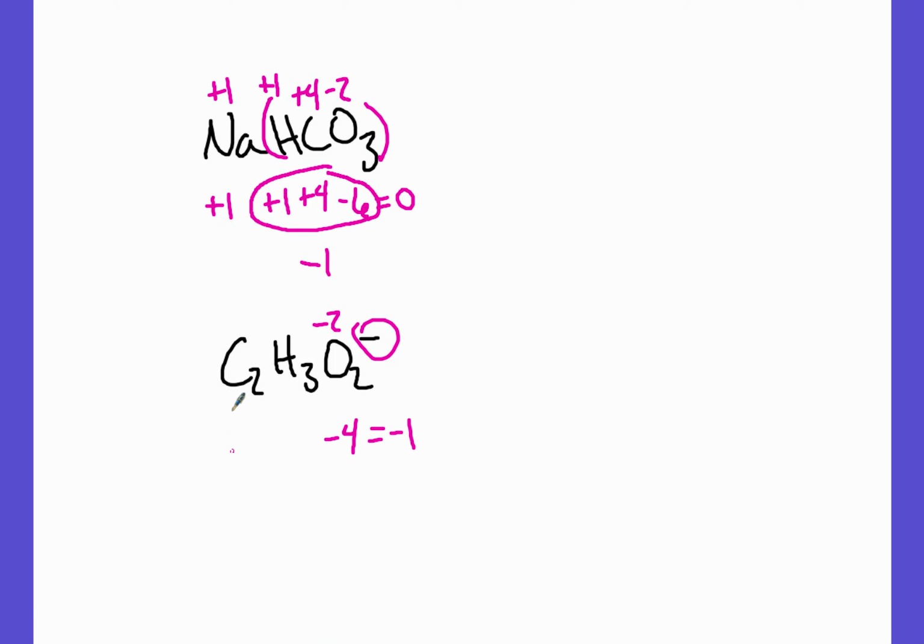But here I wouldn't do the carbon first because the carbon is not something I would typically know, whereas hydrogen is something I definitely know here, right? Hydrogen has to be a +1. And if this is a +3 overall, +3 - 4 already is a -1. That means the carbon's actually going to be a 0. So it's possible for elements to have a 0 even when they're not all by themselves. More than likely, they're not going to be 0, but they can be 0 every once in a while.